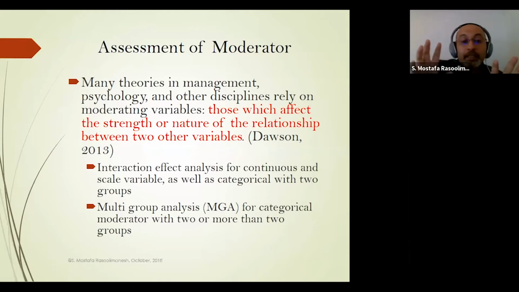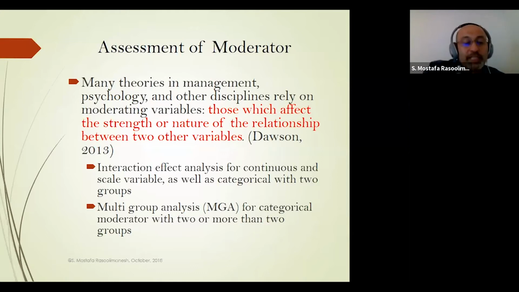So there are situations where we can use either, but most of the time for continuous variables we apply interaction effect, and multi-group is for categorical variables.